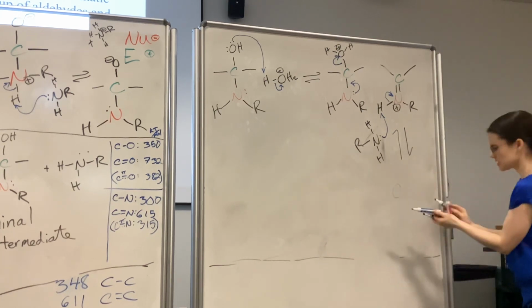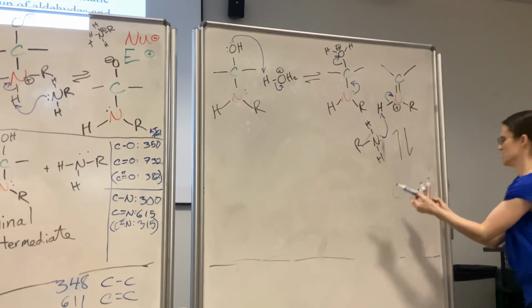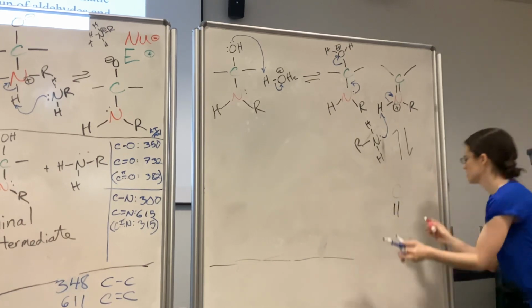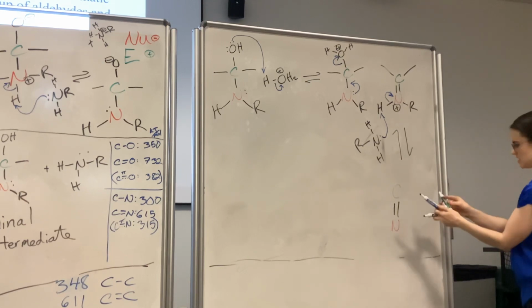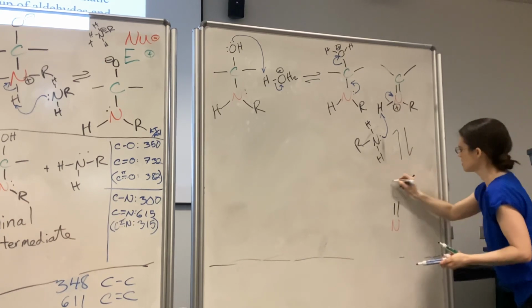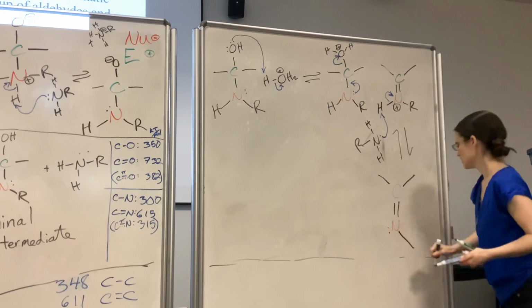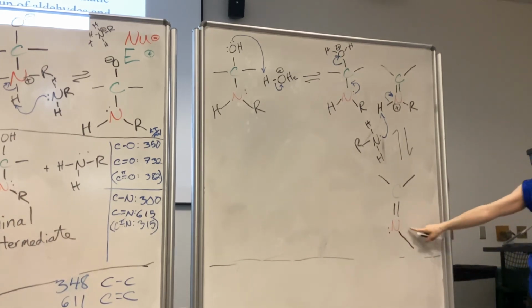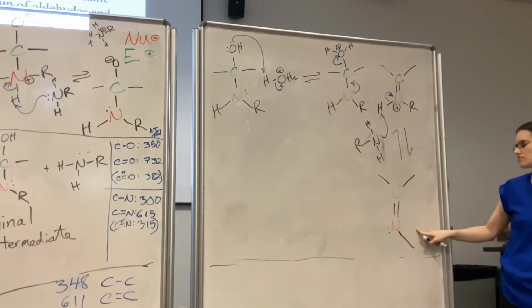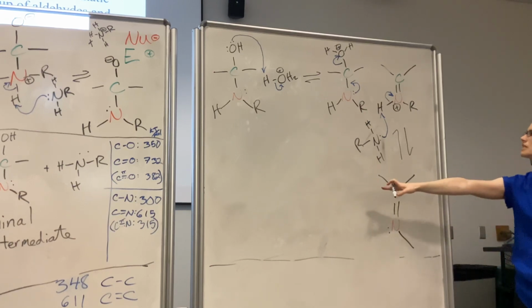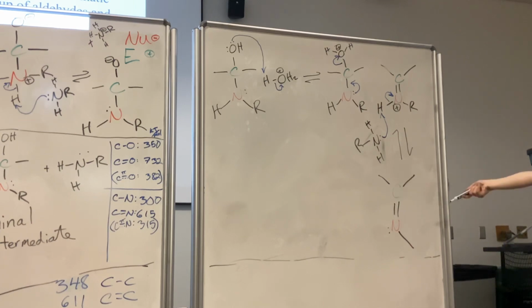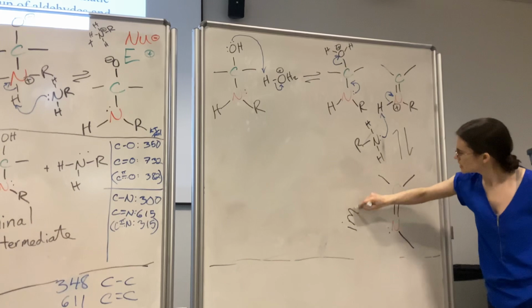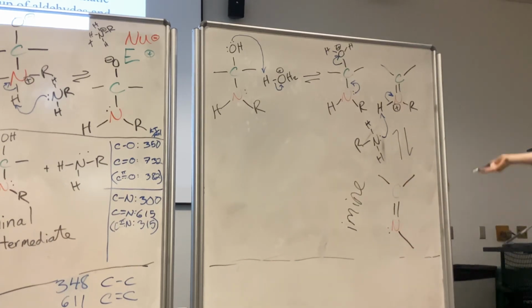And me drawing on my hands is what we get. And I drew this bent because lone pair, bond, bond, this guy's going to be trigonal planar. Tropical. And that is our imine. Yeah?